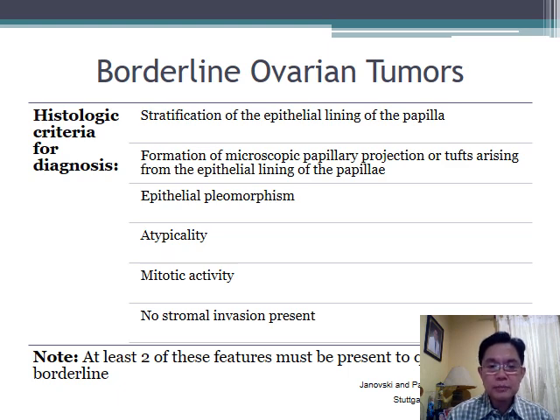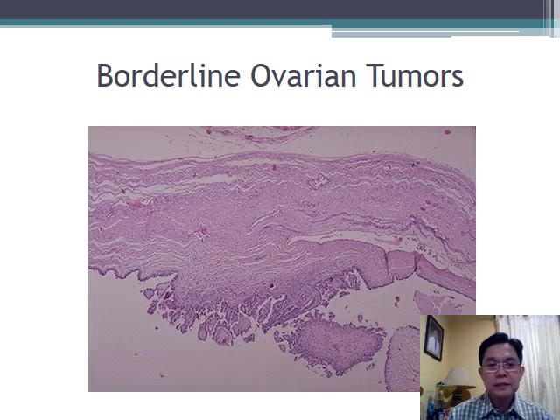As I mentioned previously, there should be no stromal invasion, because the presence of stromal invasion would classify your tumor as an invasive ovarian cancer or carcinoma. Using these histologic criteria, you need at least two of these features to make a diagnosis of borderline ovarian tumor or ovarian tumor of low malignant potential.